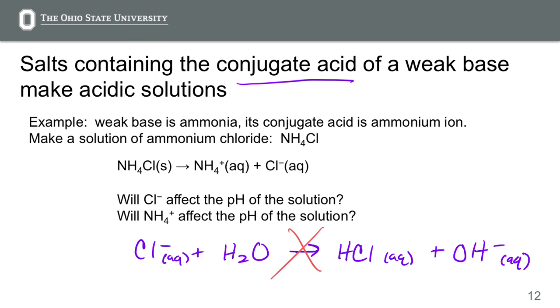Okay? With ammonium ion, NH4+, hopefully you recognize that this is the conjugate acid of ammonia, a weak base. But in any case, we see it has a positive charge. So it's a cation, so we're going to see how it reacts with OH-. If ammonium reacts with OH-, what do we form?